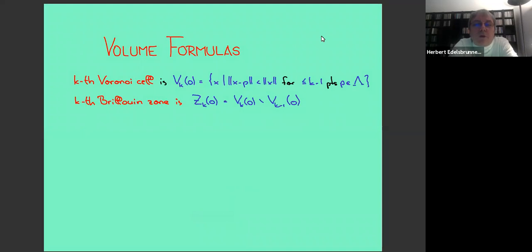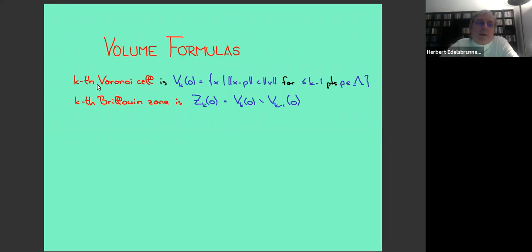I will need some volume formulas, so I'll introduce a little bit of that. So how I translate the probabilities into volumes. For this, I introduce 2 notions, the kth Voronoi cell and the kth Brillouin zone. The kth Voronoi cell was introduced by Gabor Fejes Tóth in the 70s.